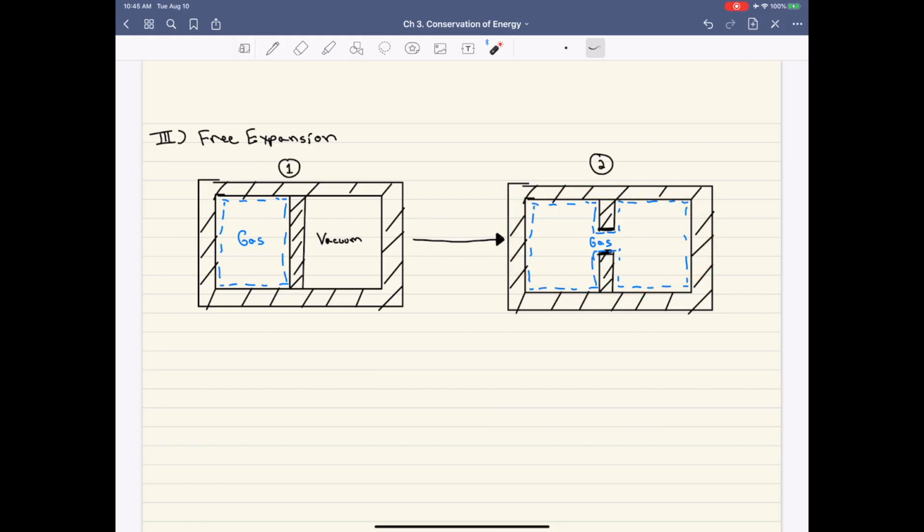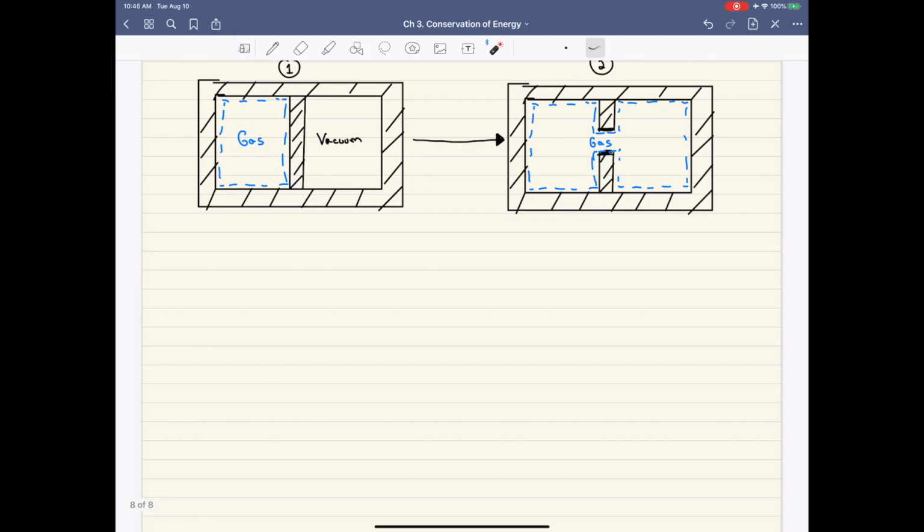And so for this sort of scenario, the first question that we need to immediately ask ourselves is, what is the mechanical work that is going on? So what I want you to do is to pause the video here and think to yourself what you think the value of the mechanical work will be.